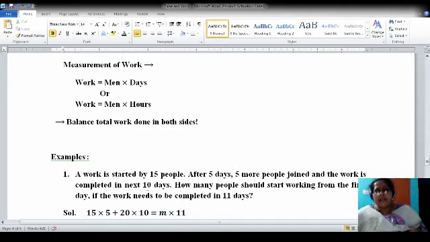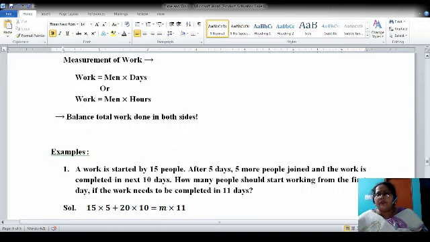So in the first situation, when the work was completed in these two parts, this is the total man days which has been involved. So the total amount of work we can measure like this, and we equate this on the right side with the situation where we are asked how many people should work from the first day, let us call it M, so that the work is completed in 11 days.